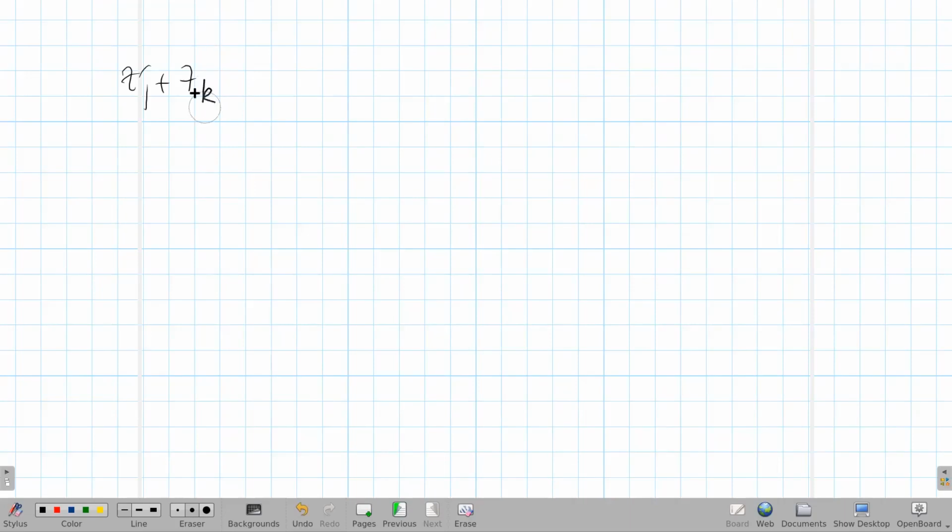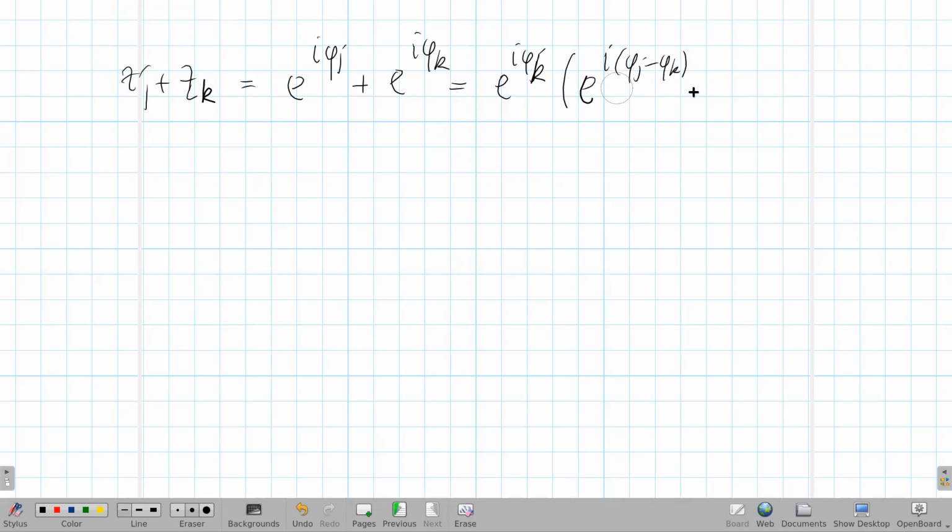Remember, this must have absolute value 2. So this is e to the i phi j plus e to the i phi k. I collect e to the i phi k, and what I get is, actually the other way around, e to the i (phi j minus phi k) plus 1.